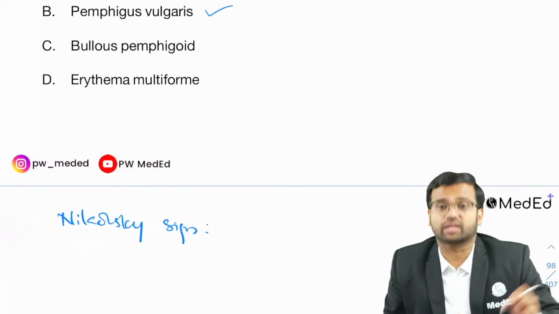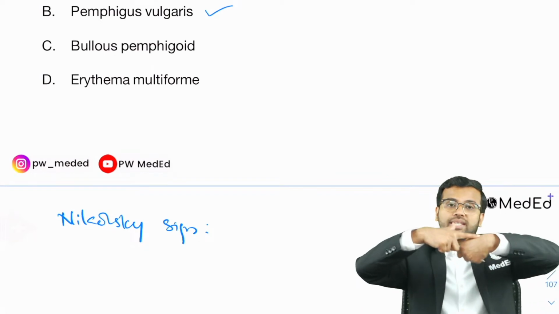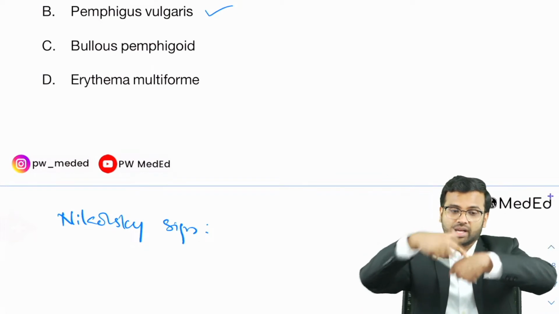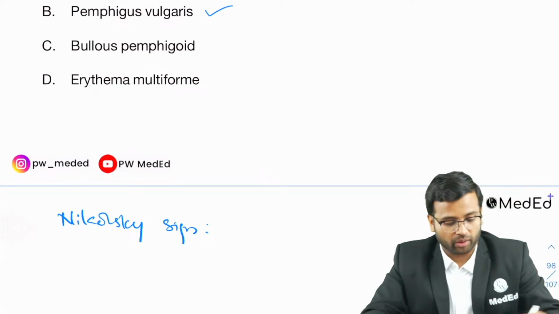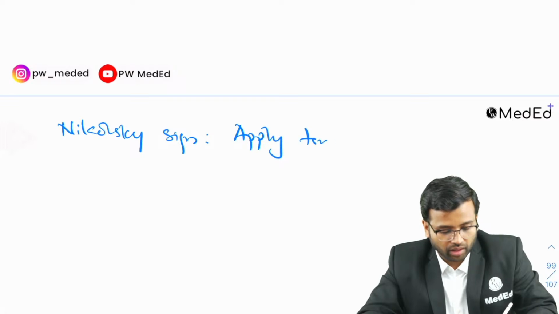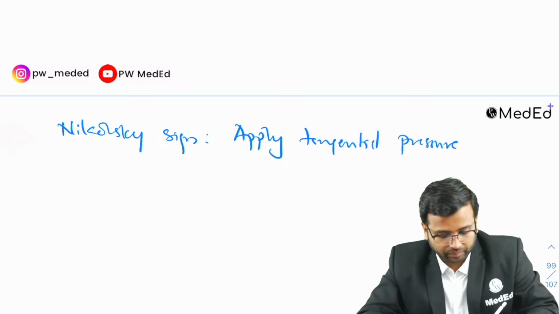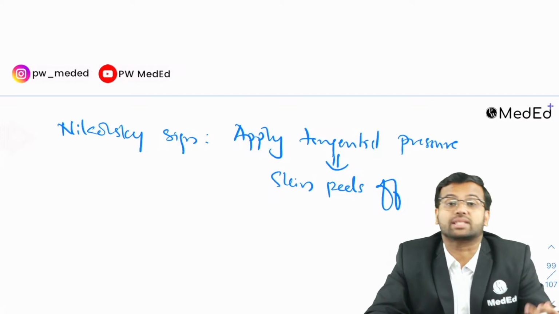Okay, so now listen, what is Nikolsky sign? Whenever we apply a tangential pressure over the skin, if the skin peels off, this is called Nikolsky sign.